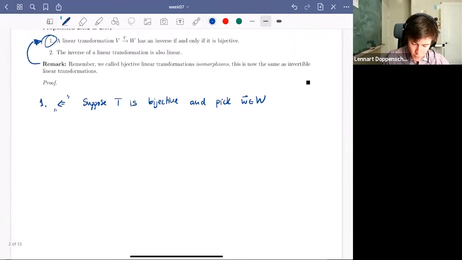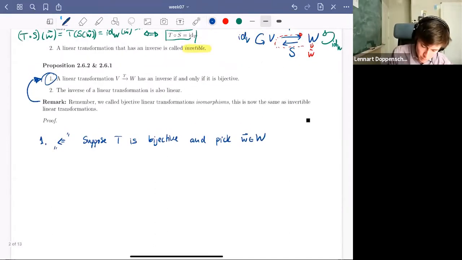Then what we want to do is construct S, the inverse.